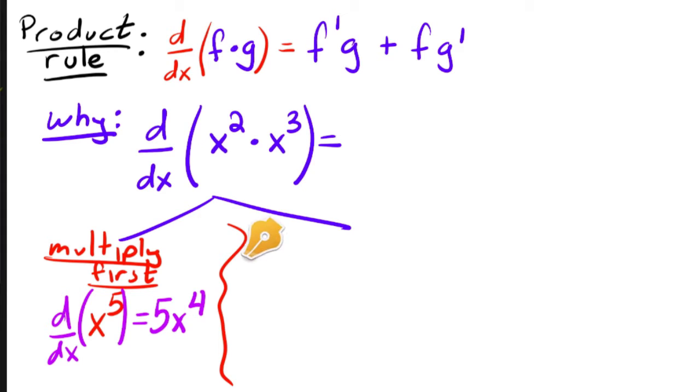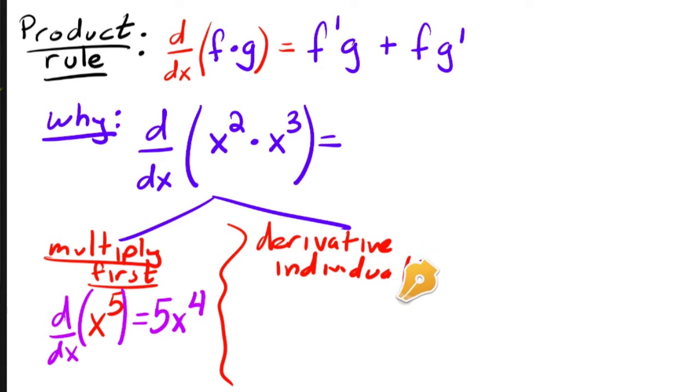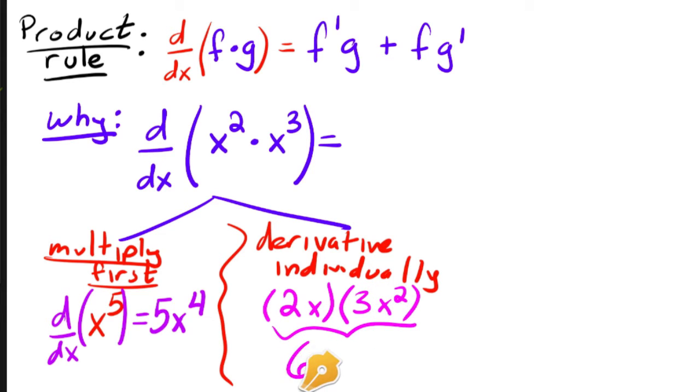But what if you get the derivative individually? You'll notice that the derivative of x squared is 2x. The derivative of x to the third is 3x squared. Whoa, those aren't even close to being the same. So, this tells you that something is up.